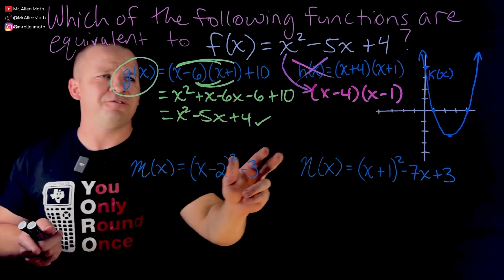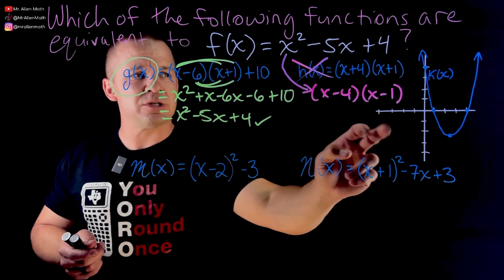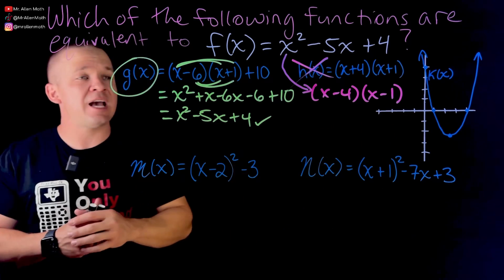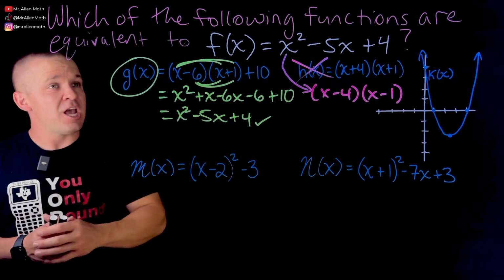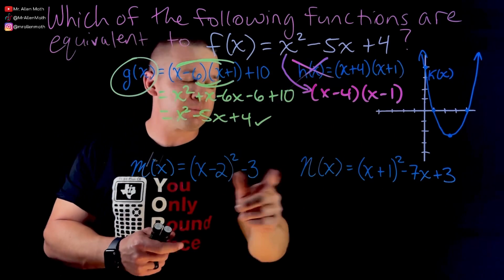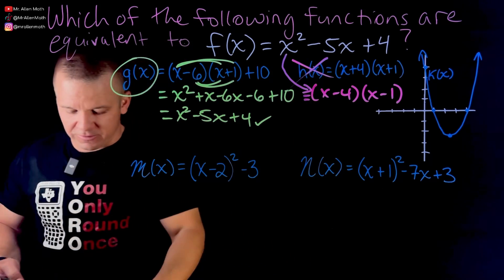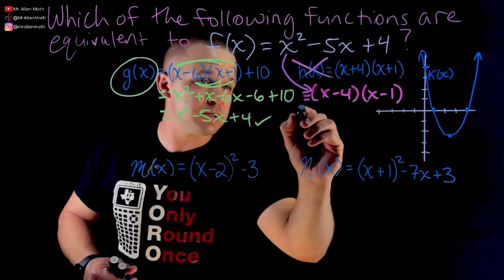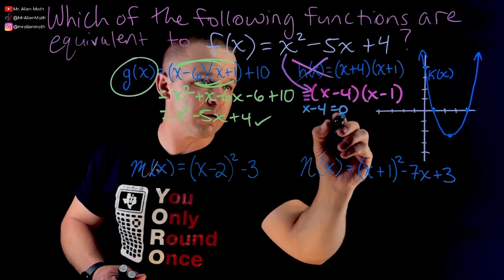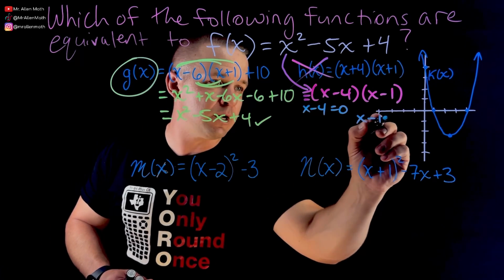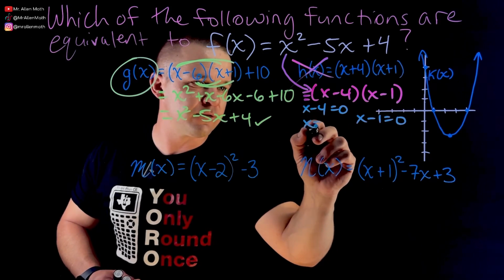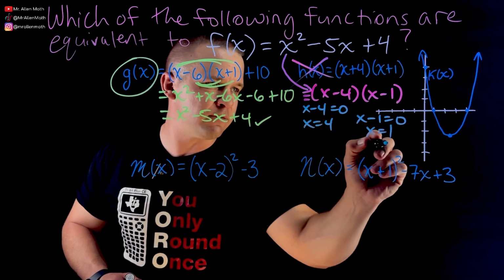Plus, I feel like this factored form is going to be super helpful looking ahead to k of x. If I factor my f of x and set each of those factors equal to 0, so x minus 4 equals 0 and x minus 1 equals 0, I'll get x equals 4 and x equals positive 1.